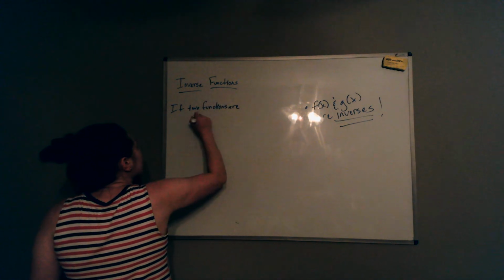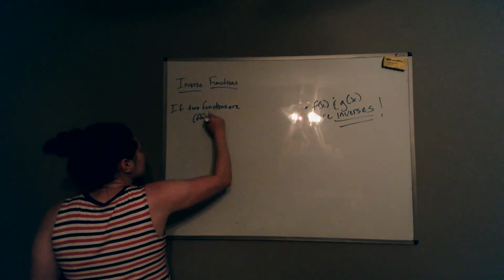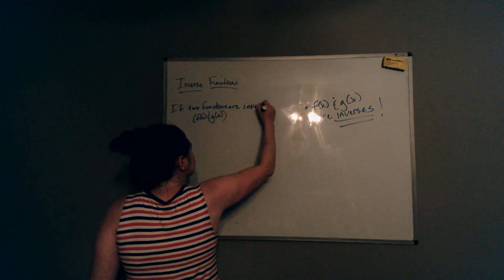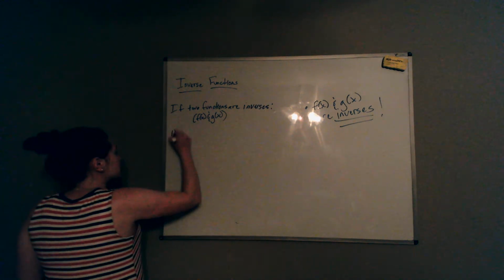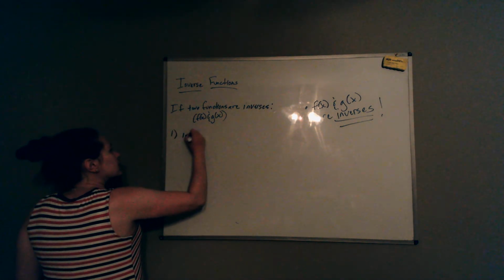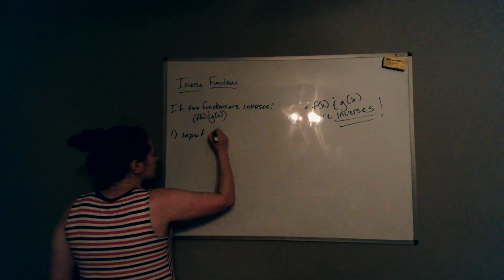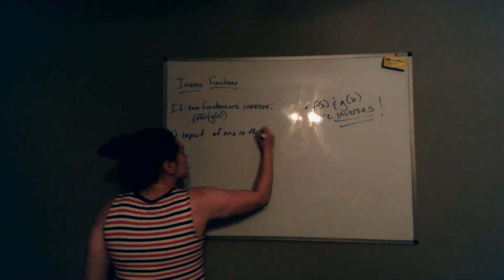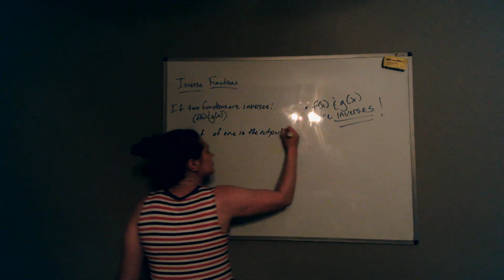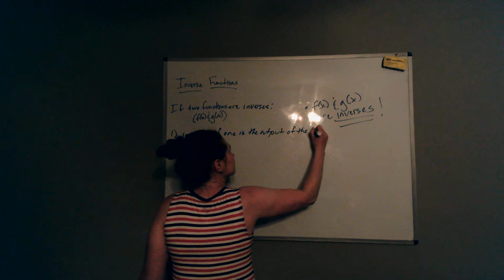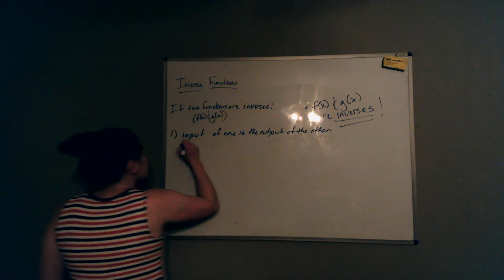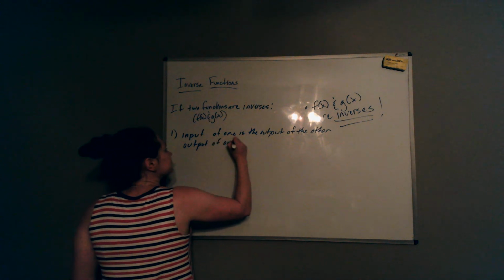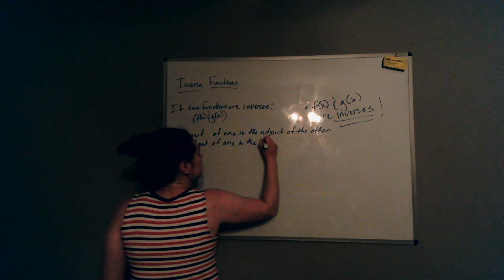We'll call them f of x and g of x. Those don't have to be their names though. First thing that has to be true: the input of one is the output of the other, and the output of one is the input of the other.